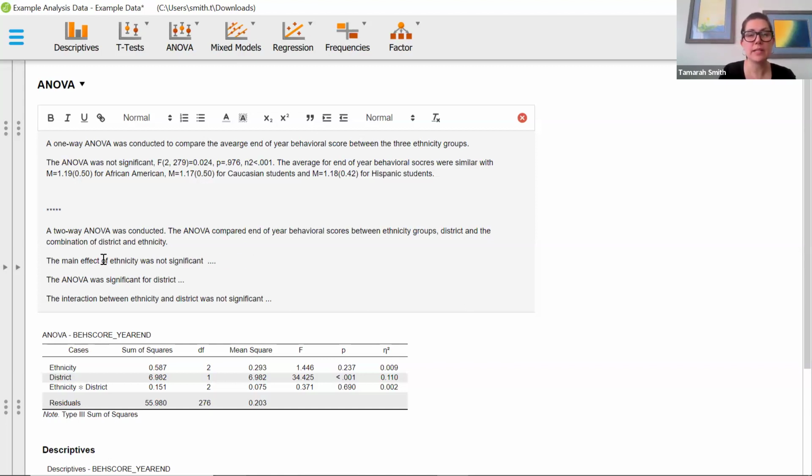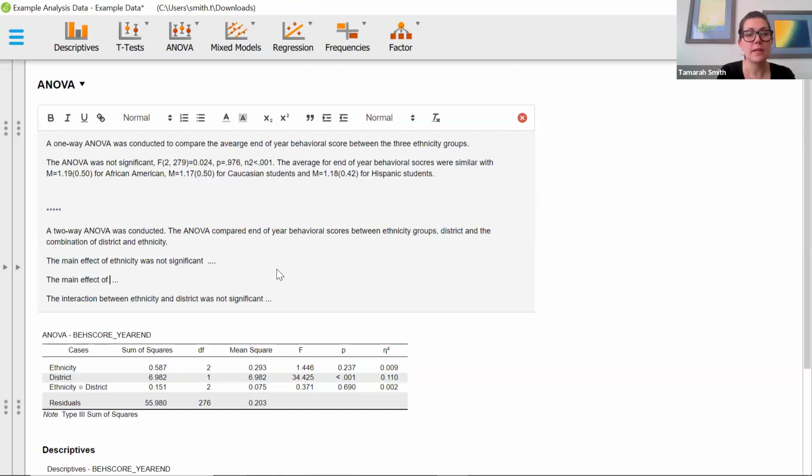That's the same thing as saying the ANOVA was not significant for ethnicity, but this is how people say it. All right, so you have to kind of adjust a little bit, that the main effect of ethnicity was not significant.